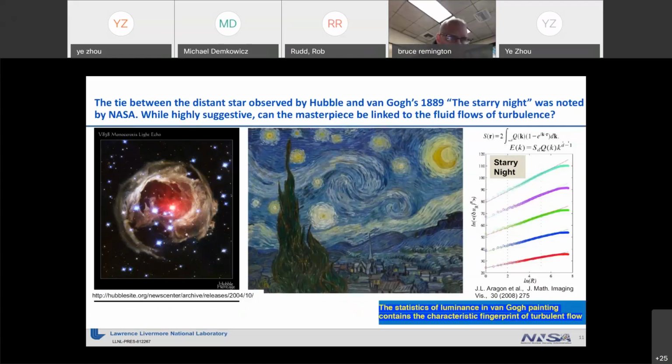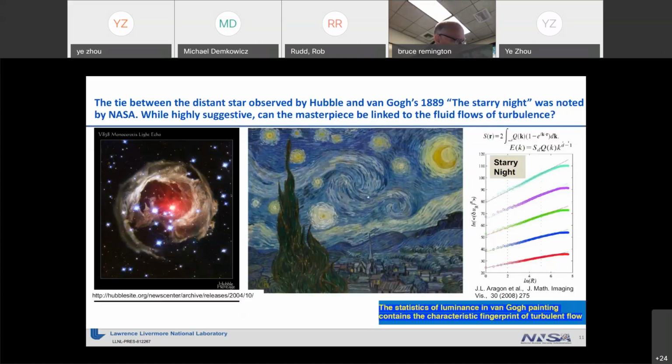When this picture was taken, a lot of people immediately noticed, both NASA and the American Museum of Modern Art, that this pattern looks like this. There's a lot of similarity to Van Gogh's pictures of the starry night, with all these swirling motions. So there's a lot of commentary in the media about this.